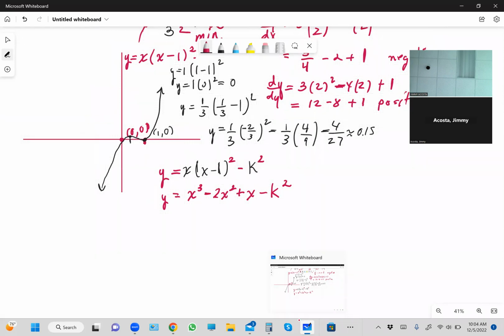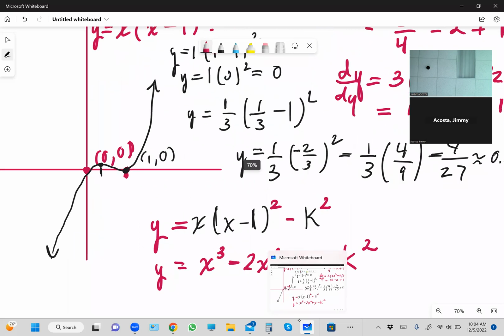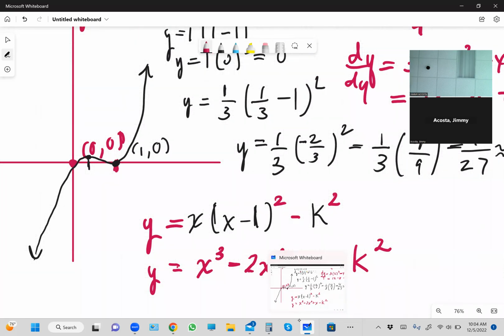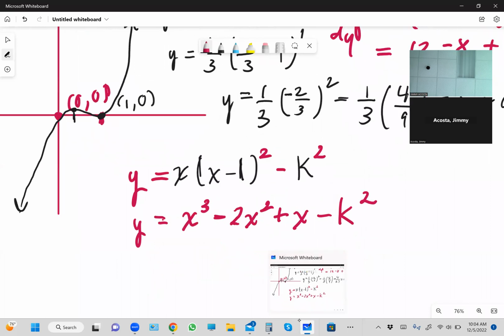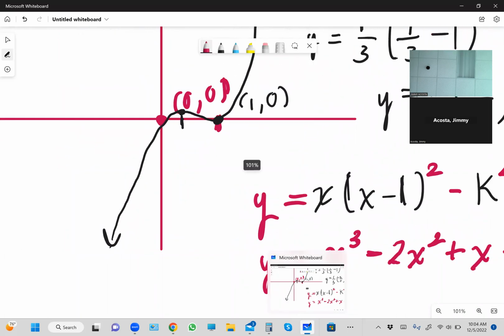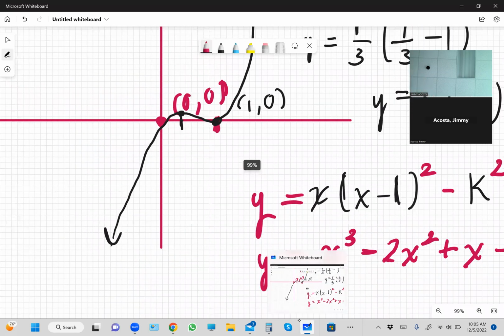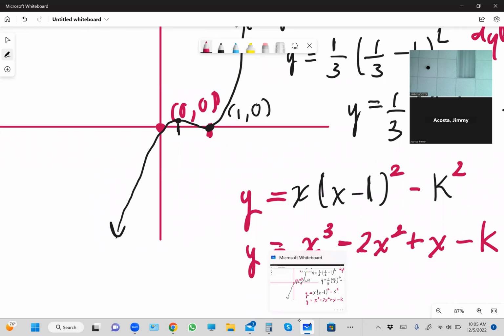And they want exactly one real solution, right? So what do you make the k squared? Because if you push it down, what happens? And you have three.